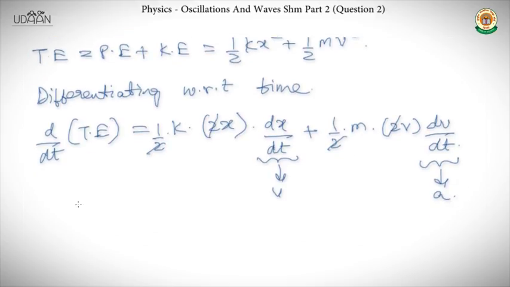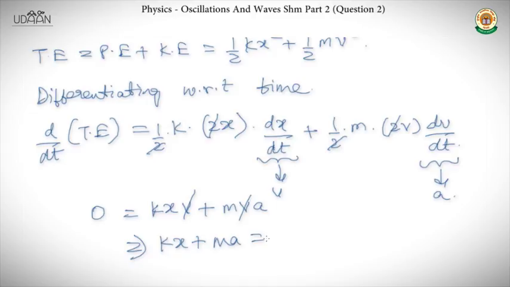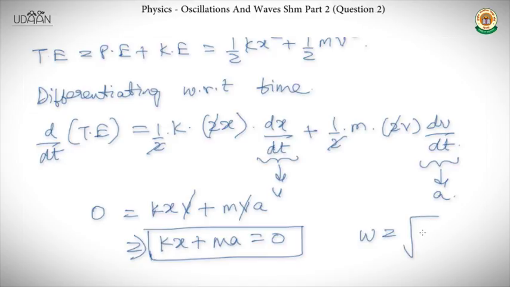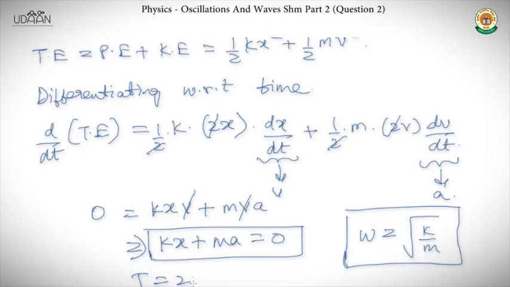So the equation reduces to kx into v plus mva, which is 0. You can remove the v term and then you get the same equation of motion, kx plus ma equal to 0, which you got from the force method. Then omega is equal to under root k by m, from which you can get the time period as 2 pi under root m by k.